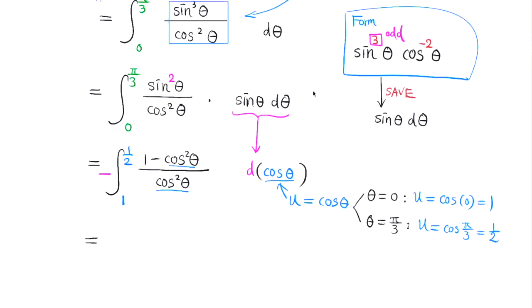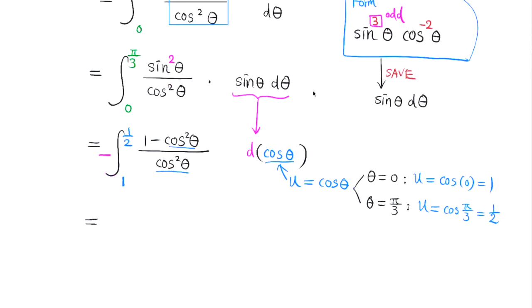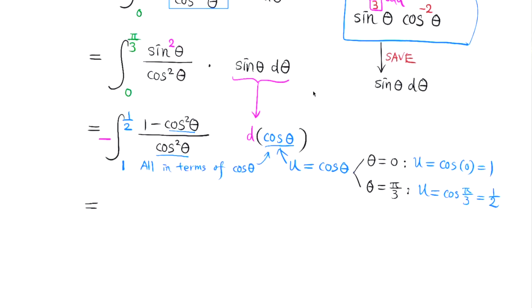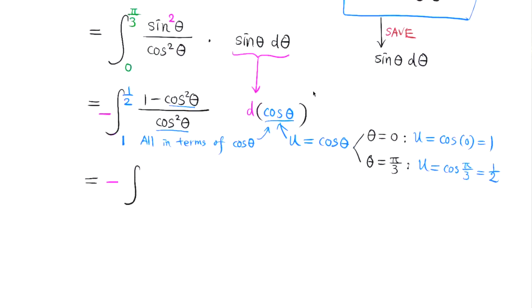Now notice that this is all in terms of cosine theta. There's a negative sign in front. Remember we use u-sub, so this becomes 1 minus u squared over u squared, and this is going to be du.